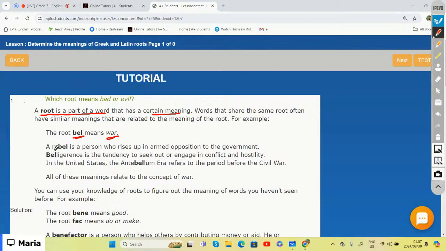Now, a rebel, and there we have bell in it. A rebel is a person who rises up in armed opposition to the government or against a leader.